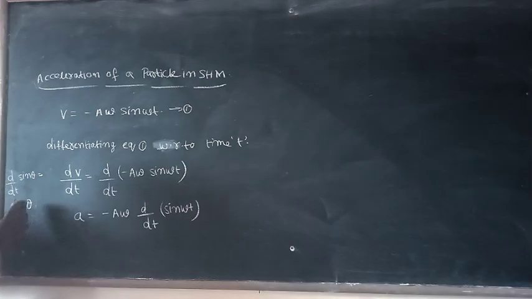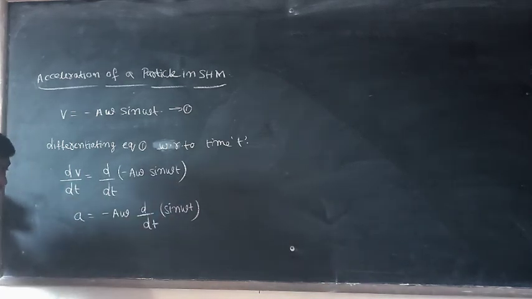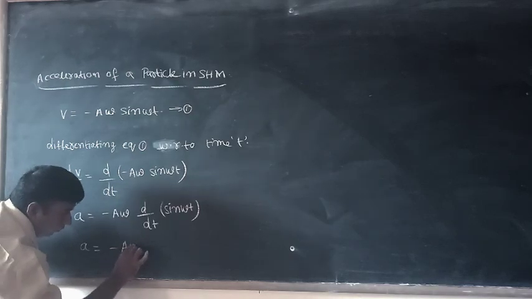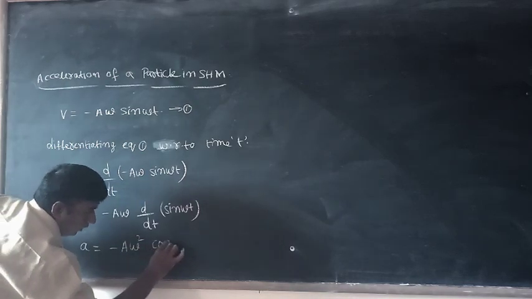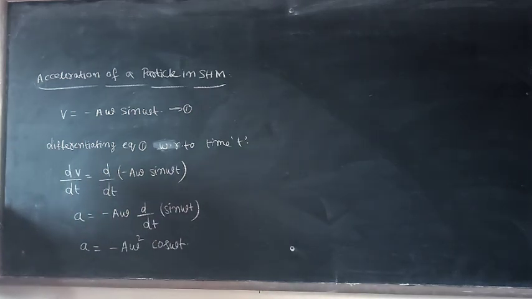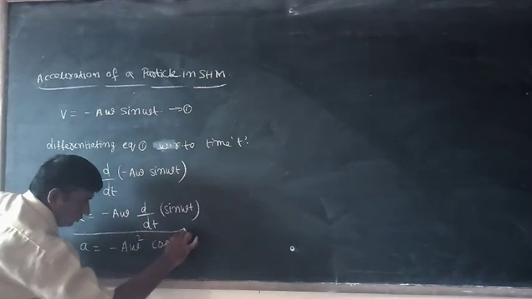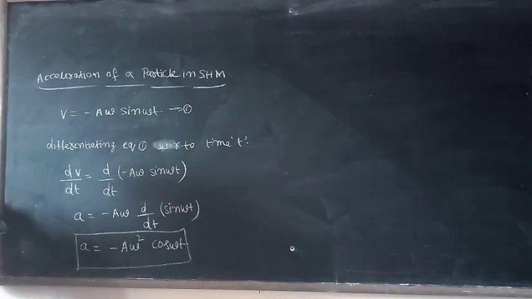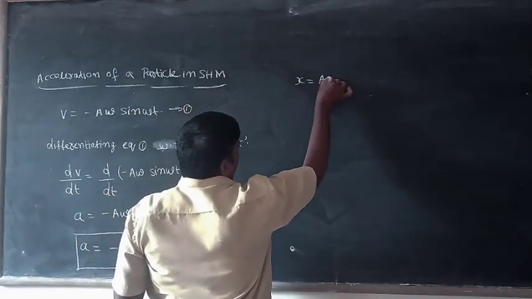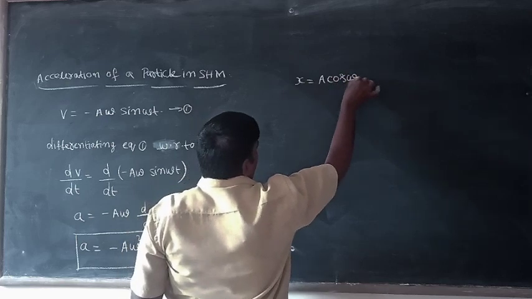So again omega comes out, and a is equal to minus a omega square cos omega t. This is the equation in terms of the displacement equation in cos. But we know the displacement equation is x is equal to a cos omega t.